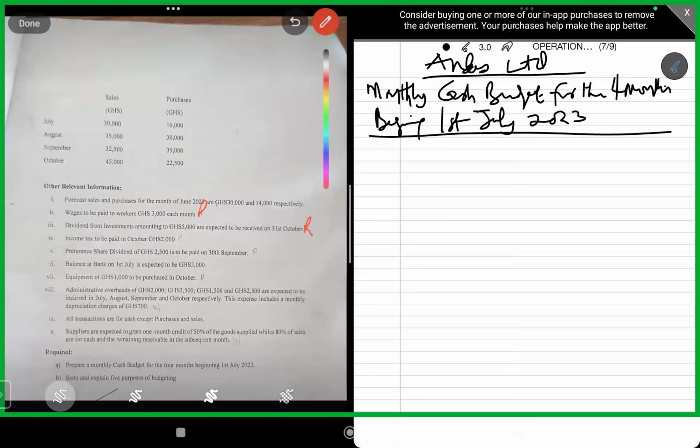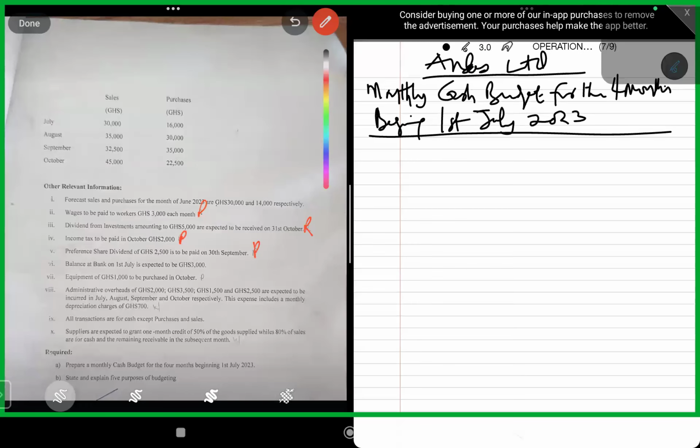Income tax, payments or receipts? Payment. Preference share dividend, payments or receipts? Read it and tell me whether it's payment or receipts. Payment. P.